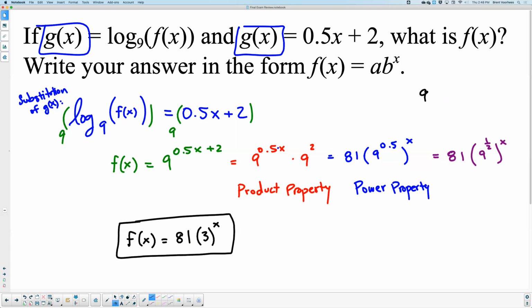Off to the side, I'll put 9 to the 0.5 is equal to 9 to the 1/2, which is equal to the square root of 9. Maybe that's how I should do it for the notes right here. I'll put square root 9.